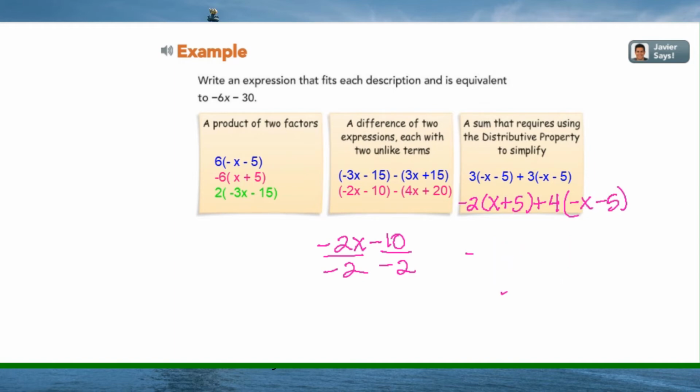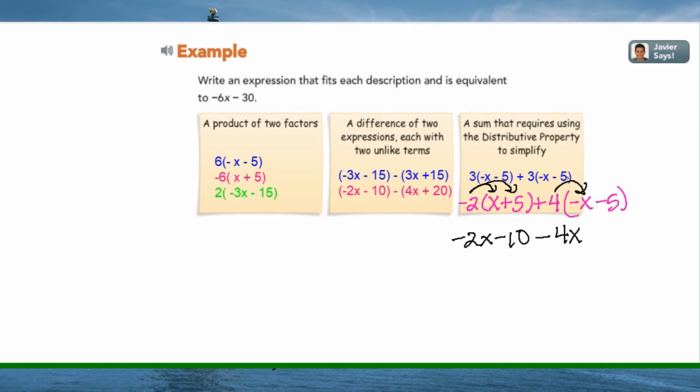So now I'm going to go ahead and check by distributing back in. Negative 2 times x is negative 2x, and negative 2 times 5 is negative 10. Then over here, we have 4 times negative x, which is negative 4x, and 4 times negative 5 is negative 20.